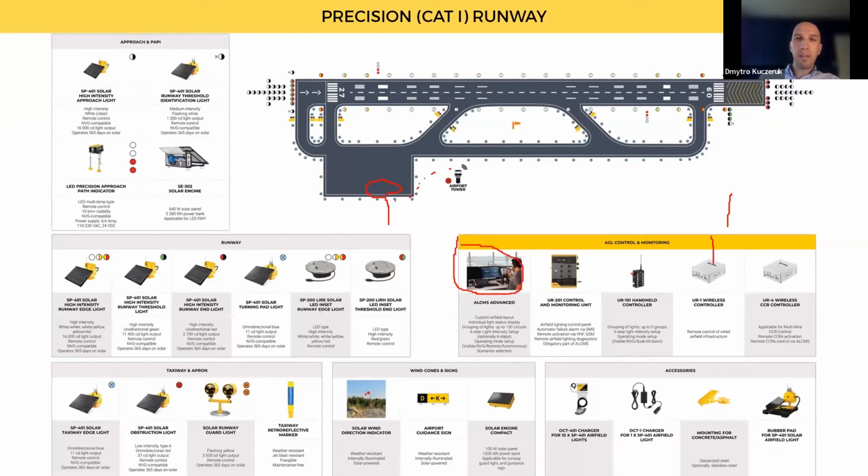We simply provide a wireless controller, or we say wireless relay, and we send the signal to our wireless relay, and this device activates and changes the intensity of the apron floodlights. So we can basically integrate any existing electrical equipment on the airfield within our control system.